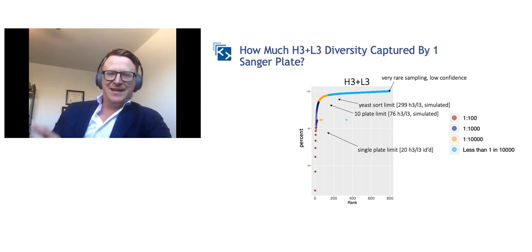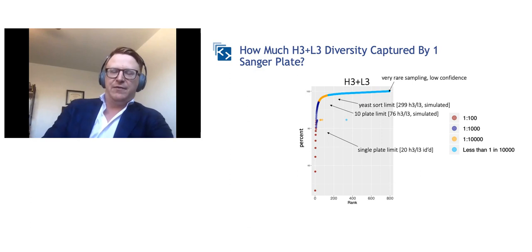The nice thing about NGS is you can output all of this into a single tube with a demultiplexed inline barcode, and that can be submitted. Nonetheless, for this selection campaign in SARS-CoV-2, a single plate was producing about 20 H3L3 uniques identified. At 10 plates, we were capturing around 76. This is a simulated portion based off the output and sampled population that were identified. And then if we go to the yeast sort limit of about 10,000, we were capturing up to 300.